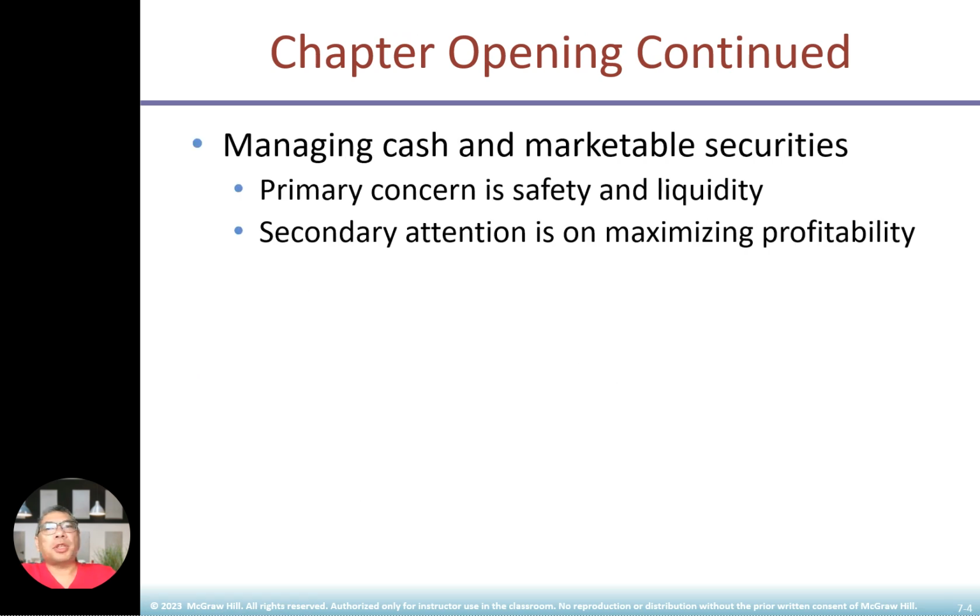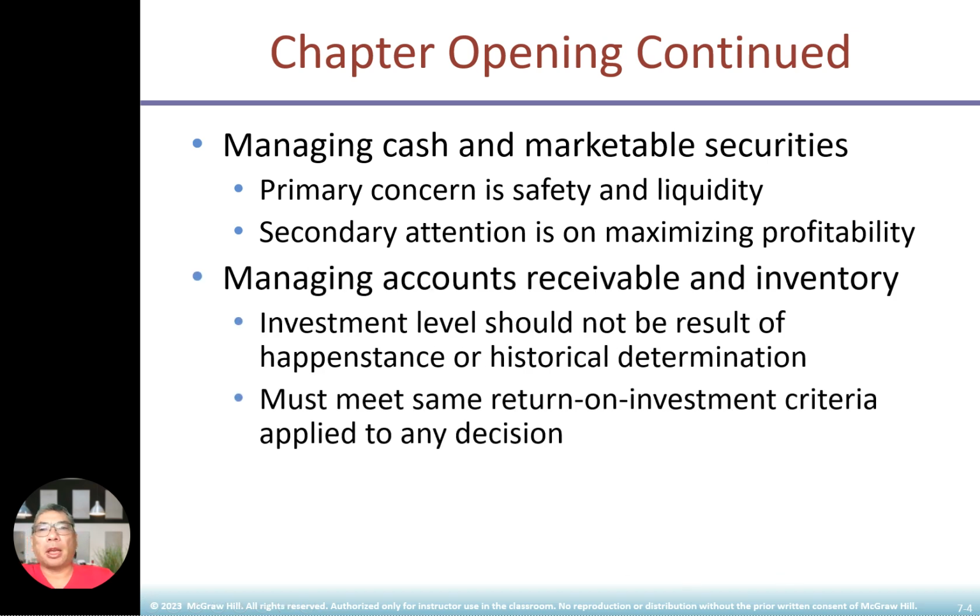In managing cash and marketable securities, the primary concern is safety and liquidity. When you have excess cash, safety and liquidity is number one. Secondary is maximizing profitability. In terms of managing receivables and inventory, investment levels should not be the result of happenstance and historical information, and must meet the same return on investment criteria applied to any decision making.